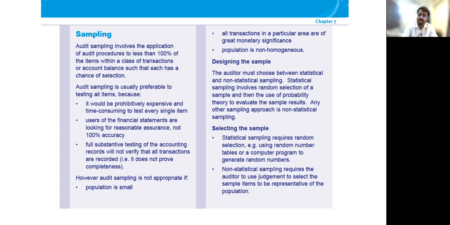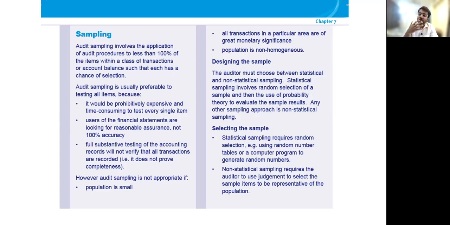In the fixed assets area, every purchase or every transaction will be of great monetary significance, of a high value. So in that case, since every item is of great monetary significance, you will not do sampling. You will check 100% of the transactions.